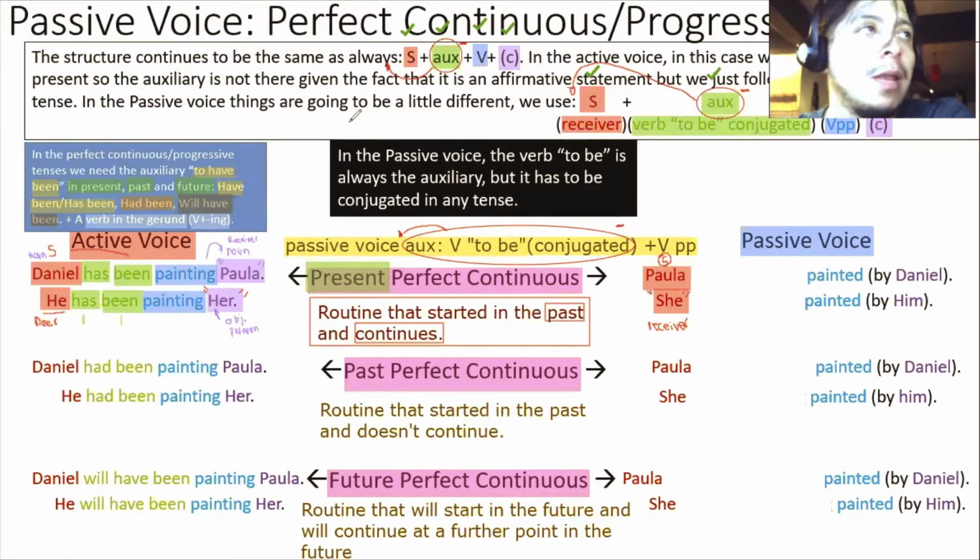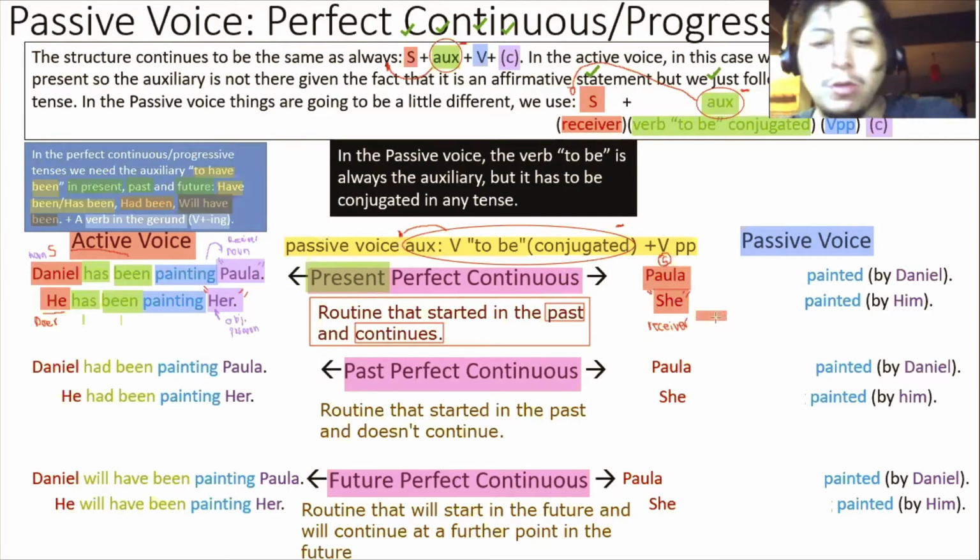Okay? The next thing that we need: subject, auxiliary, verb, and complement. So the next thing that we need is the auxiliary. The auxiliary, well, I erased them before time. I want you to think about it. Sorry, I keep changing the wrong tool.